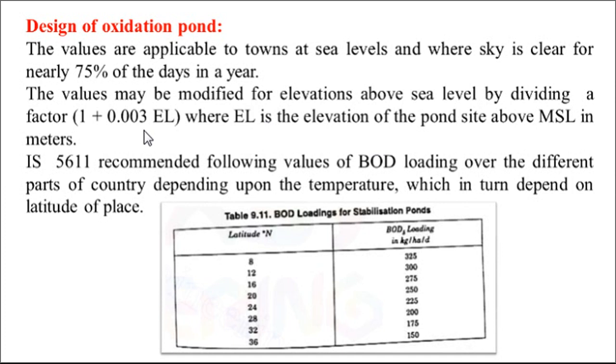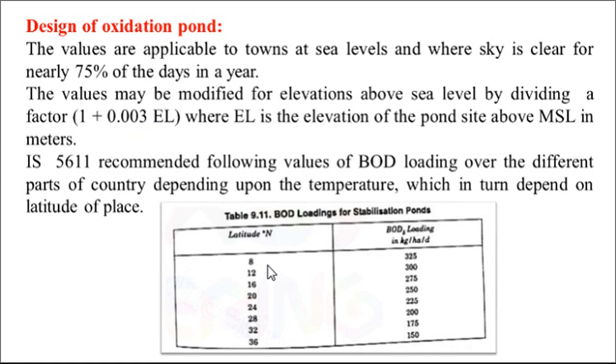Now, as per Indian Standard 5611, the following values of BOD loading are applied depending upon the part of the country, the temperature in that area and the latitude of that particular place.